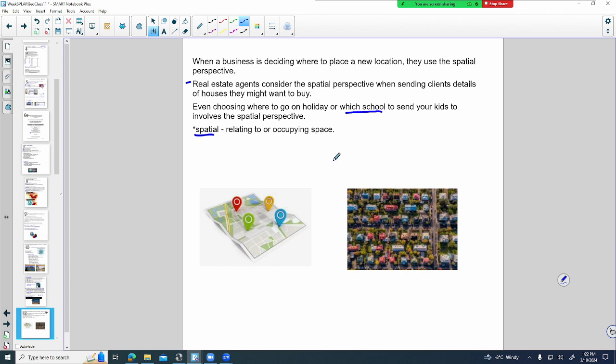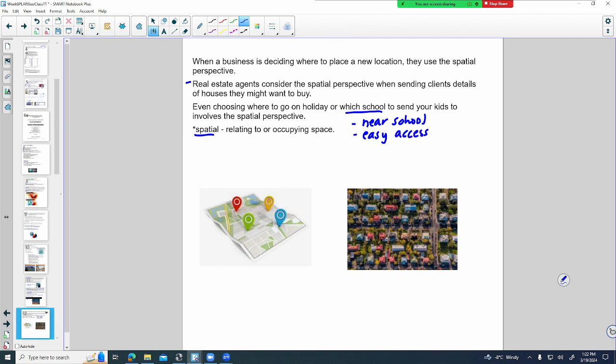And what it means here is that when you choose a location that's near a school, for example, or you might choose where there's easy access to transportation.